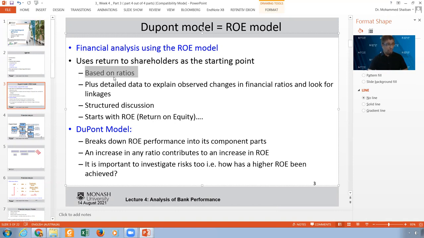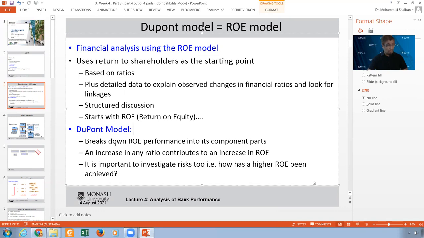If you talk about the ROE model or the Dupont model, they are very similar. Dupont is one of the biggest companies in the world, and in 1935 they had this model which connects the return on equity, which is our final objective, to the other ratios.